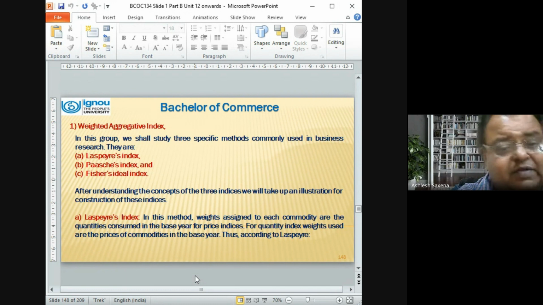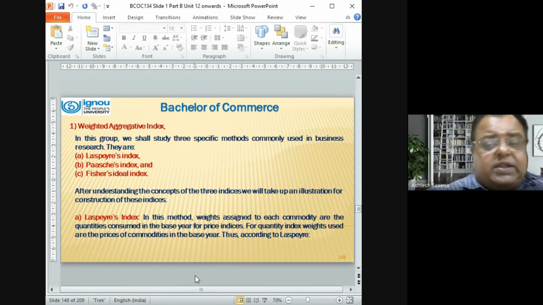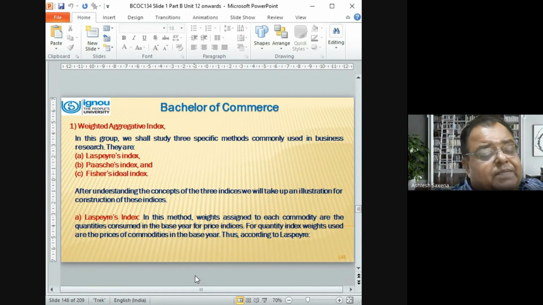Now, first of all, we will see what the Laspeyres index is. In this method, the weights assigned to each commodity are the quantities consumed in the base year for price indices. For the quantity index, the weights used are the prices of the commodities in the base year.